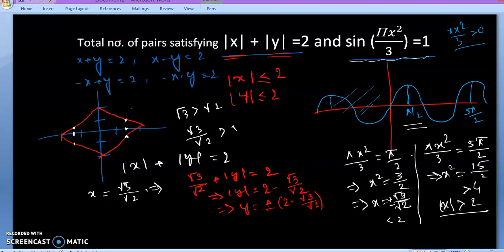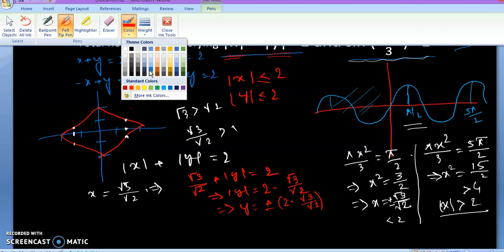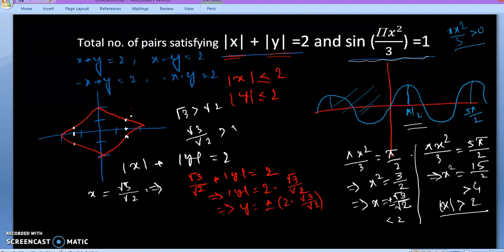So one point is here. When x is root 3 by root 2, you get the value of y on the upper portion as 2 minus root 3 by root 2, and at the lower portion as minus 2 plus root 3 by root 2.